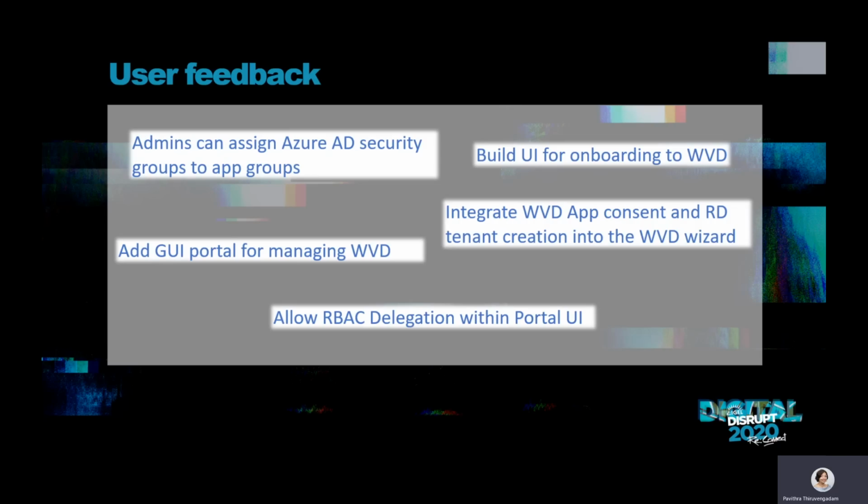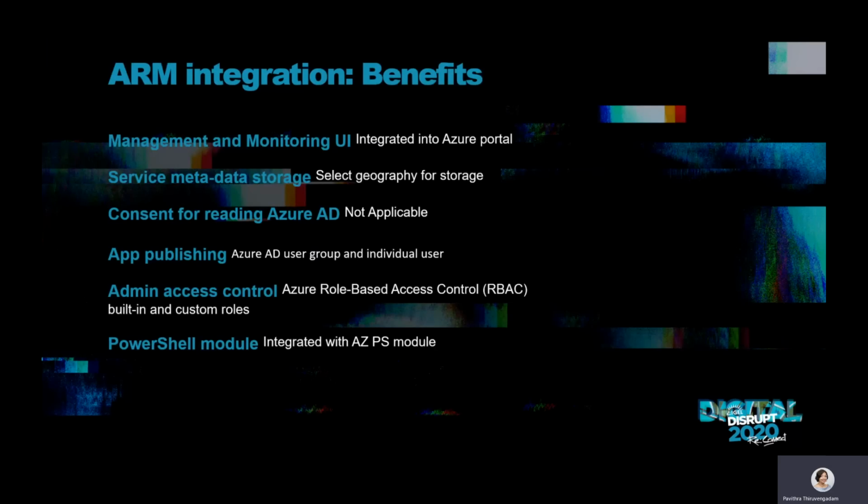And they wanted to use native Azure RBAC, as well as be able to assign Azure Active Directory security groups to app groups instead of just individual users. Once we integrated into Azure Resource Manager, we were actually able to provide these features as part of the service.